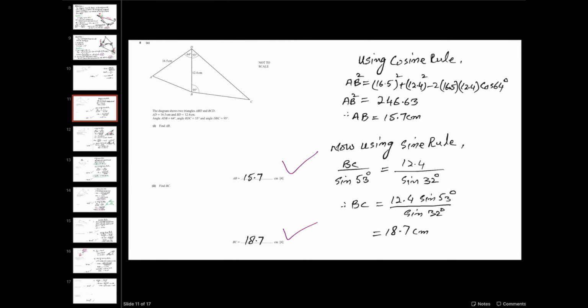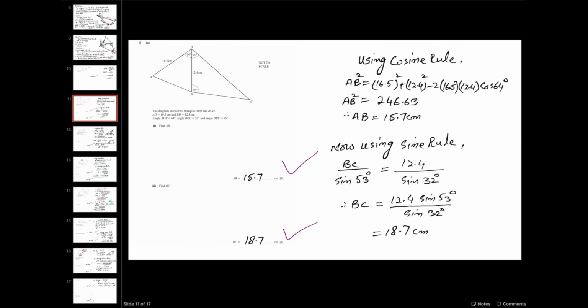And AB square is equal to 246.63. Taking the square root on both sides, we have AB is equal to 15.7 centimeter.